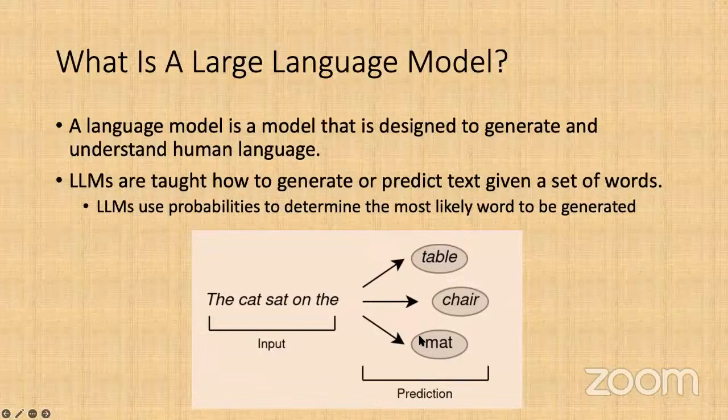Then it gives you the next word, choosing whatever the highest probability answer is. You can tweak these parameters, but I'm not going to go into too much of that detail. At a high level, a large language model is a very powerful text generator and text predictor. It tries to predict what the next text is going to be in any given situation, whether that's answering a question or generating some code or anything like that.